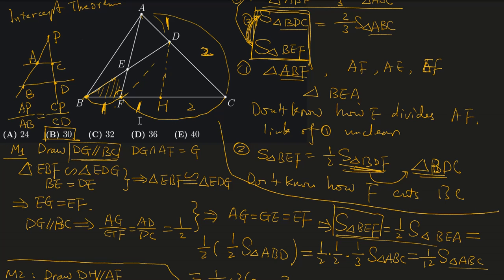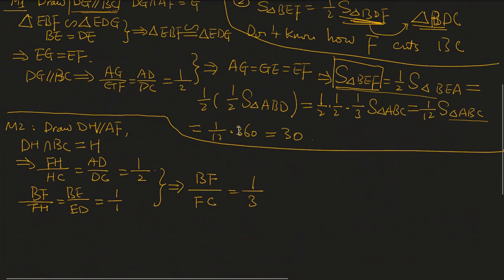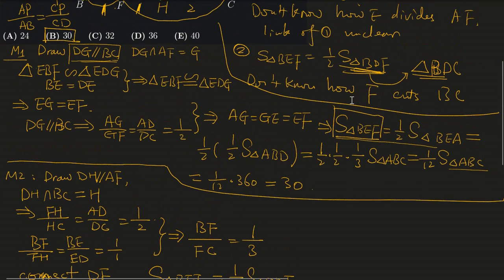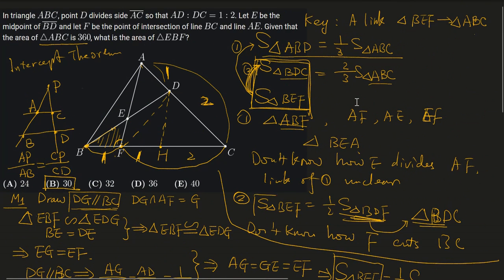Now we can connect DF. If we connect DF, okay, let's put it here. Then we have this. The area of triangle BEF equals half of the area of triangle BDF, and that is in here.